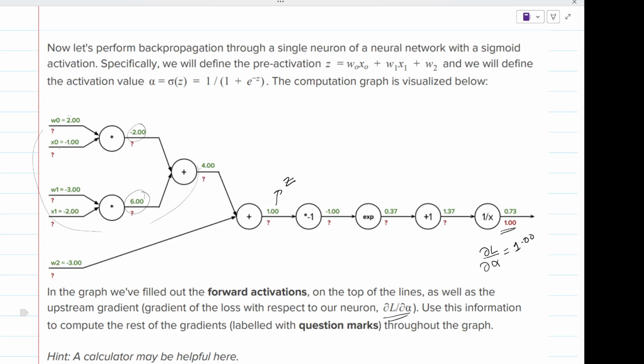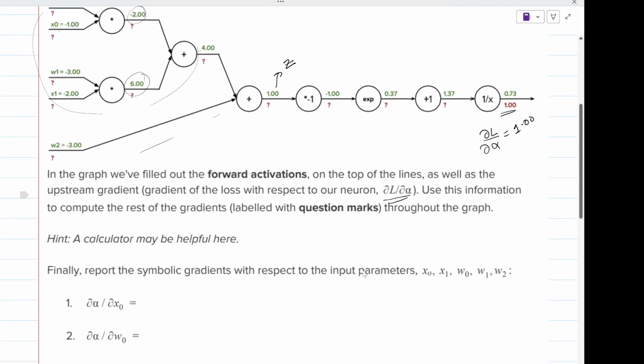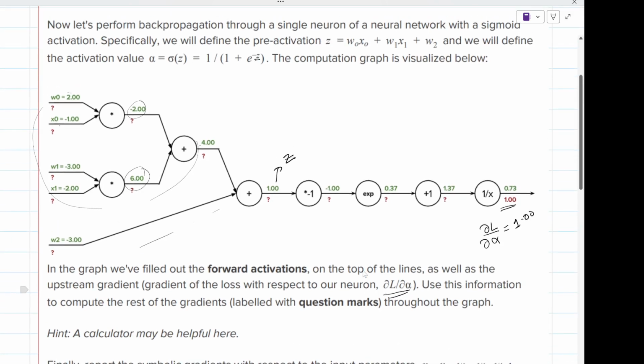So this summation gives you z, and this is z into minus 1 to get minus z. Then the exponential of minus z is done here, 1 plus exponential of minus z, 1 by that. So here you finally get your alpha.